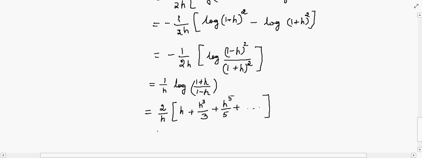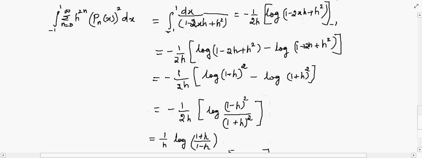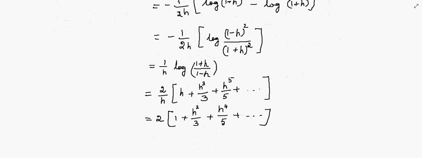Now taking this h inside, we get 2 into 1 plus h square by 3 plus h power 4 by 5 plus etc. On the left hand side, we have integral from minus 1 to plus 1 of sigma n equal to 0 to infinity h power 2n into Pn of x whole square dx. On the right hand side also, we have only the even powers of h.